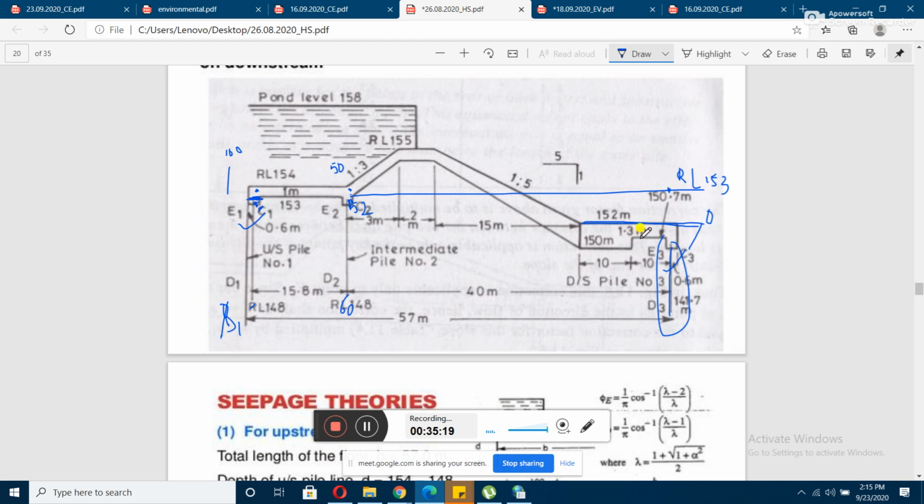You can see we will be taking the fiber from this. I have told you already, for this point we will be taking the fiber from this. So what is the value? 152 minus 1.3, that turns out to be 150.7. So this has a reduced level of 150.7. Okay, so 150.7 minus 148 will give us the depth of this pile. We have to find this value only for the depth.